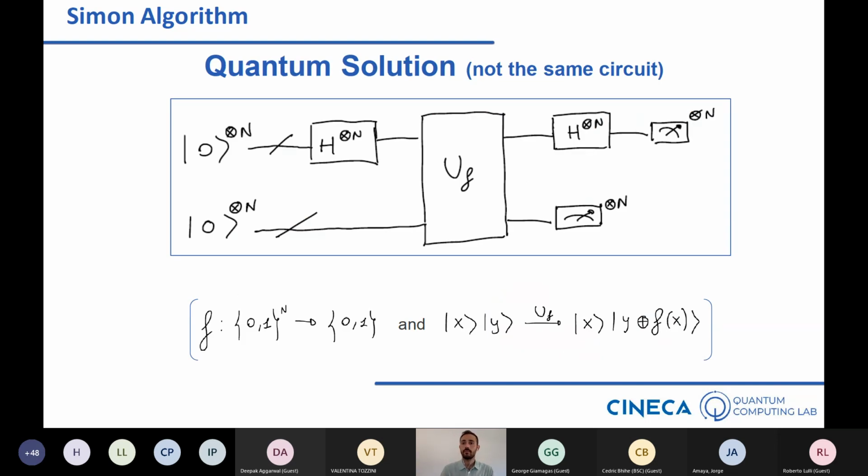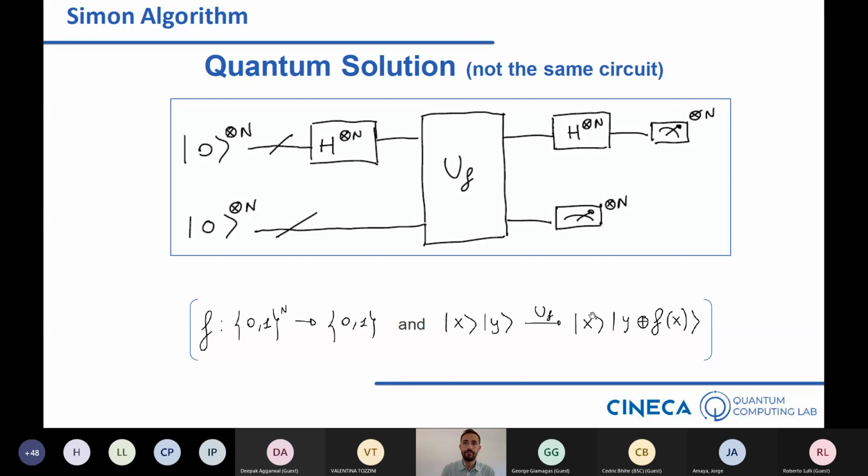Because now we're going to see the algorithm. Okay, the algorithm looks basically the same, but has some differences. In this case, we also have Hn, so an n register here, and then an n register here, and we also measure at the end both.